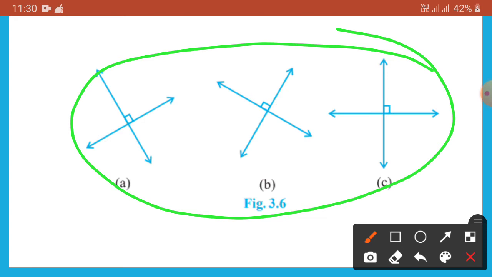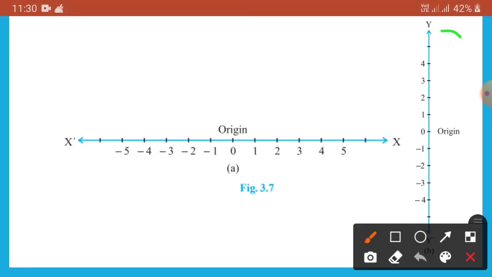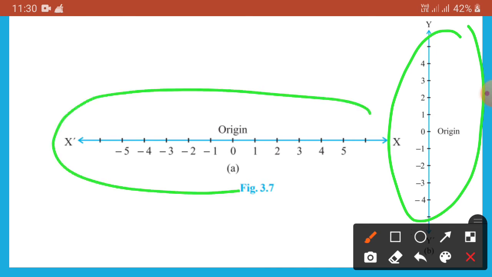But in this chapter, when we choose these two lines to locate a point in a plane, one line will be the horizontal line and the other will be the vertical line.